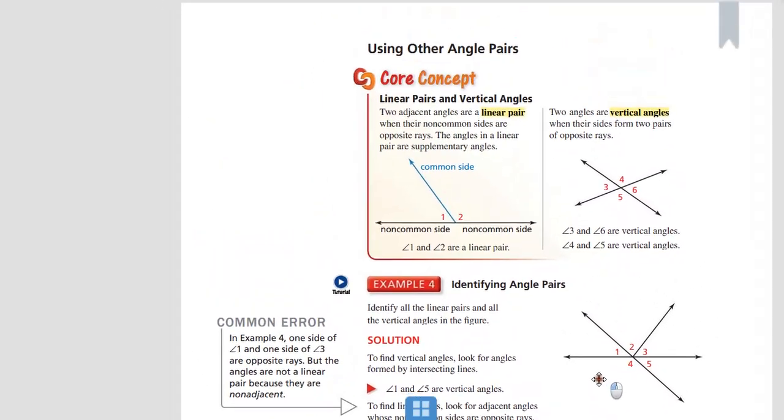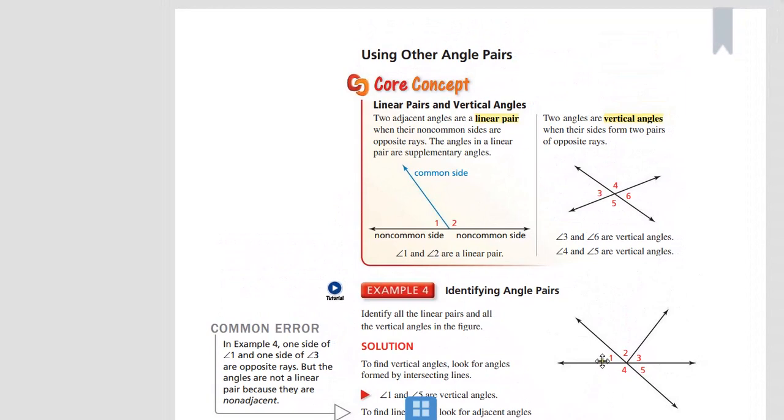Okay, one more vocabulary word, or two more. There is a linear pair, which is adjacent angles that make a line.